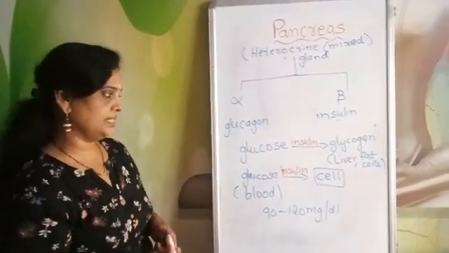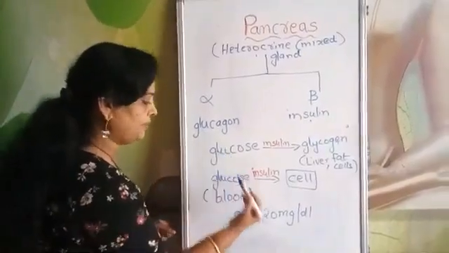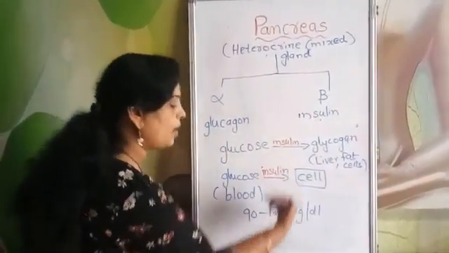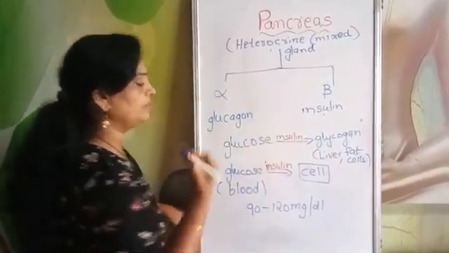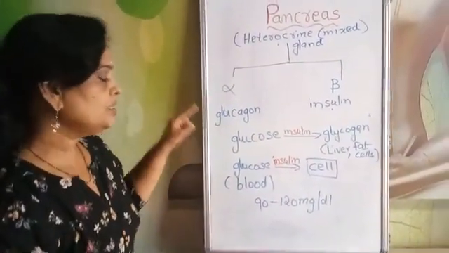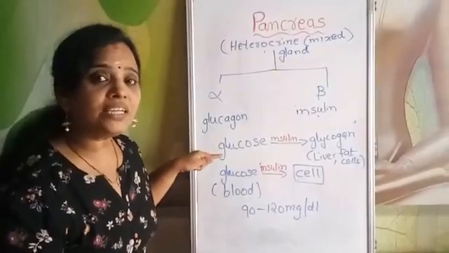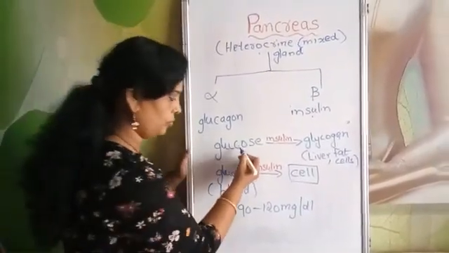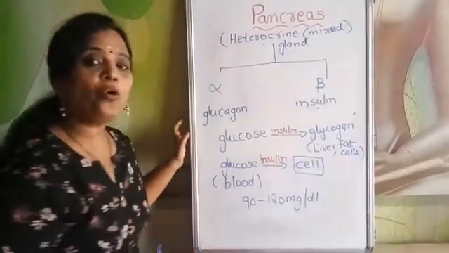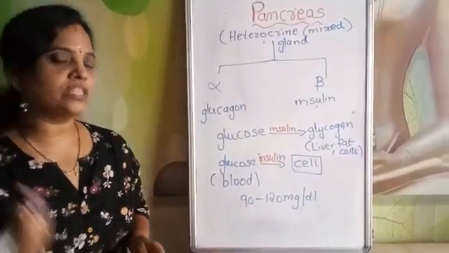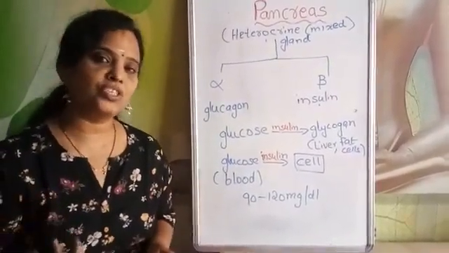In such cases, whenever the excess glucose raises above the normal level in the blood, immediately insulin will be secreted, and insulin will convert that excess quantity of glucose present in the blood into the stored form of glucose, which is called glycogen.